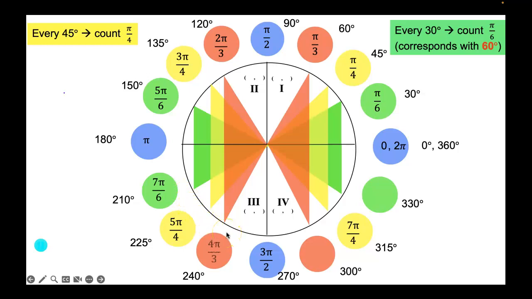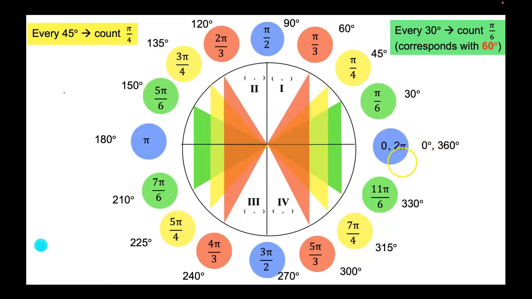Another 1/6 would be 8/6, which is the same thing as 4/3. Then I'm going to have 9/6, which is the same thing as 3/2. Then I'm going to have 10/6, which is the same thing as 5/3. Then I'm going to have 11/6, and then one complete rotation would be 12/6, which is the same thing as 2 pi.